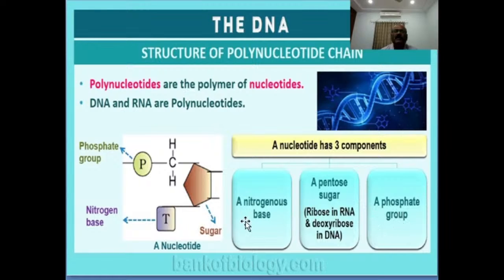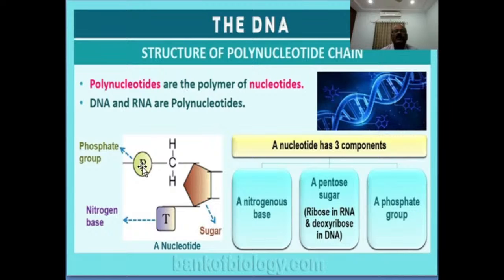Now see how these 3 come together. You see here, this is the sugar, that means the 5 carbon sugar. This is a nitrogen base, which is connected to that 5 carbon sugar. And you see this is a phosphate.